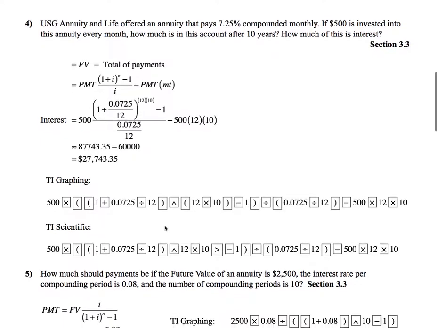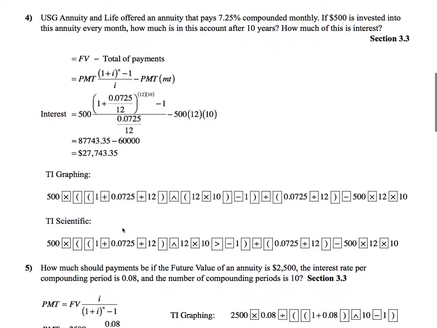And now let's take a look at the keystrokes for the scientific calculator. Everything is the same, except here you segregated the exponent using parentheses. Here, remember, when you press this caret button on a scientific, it gives you the superscript.